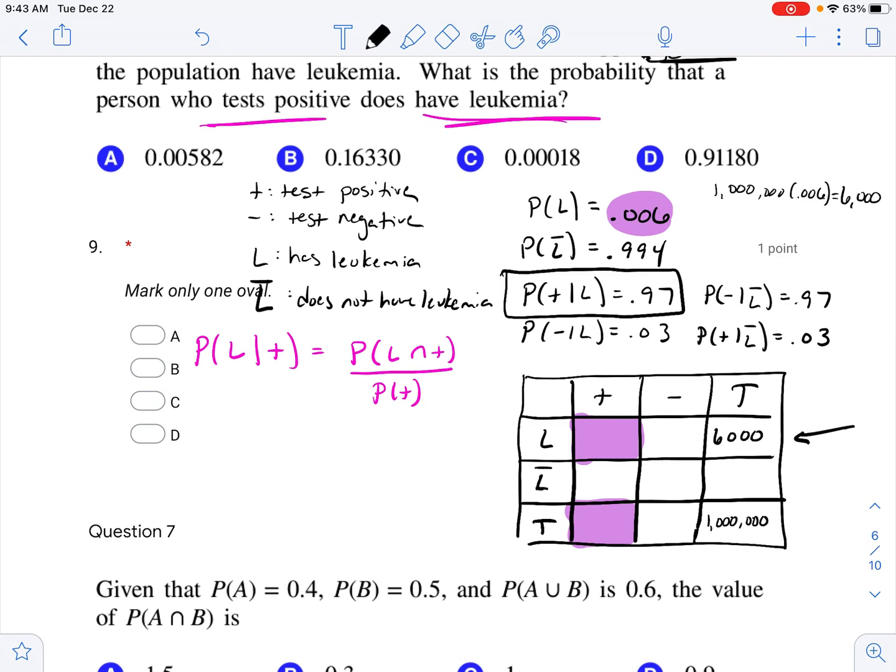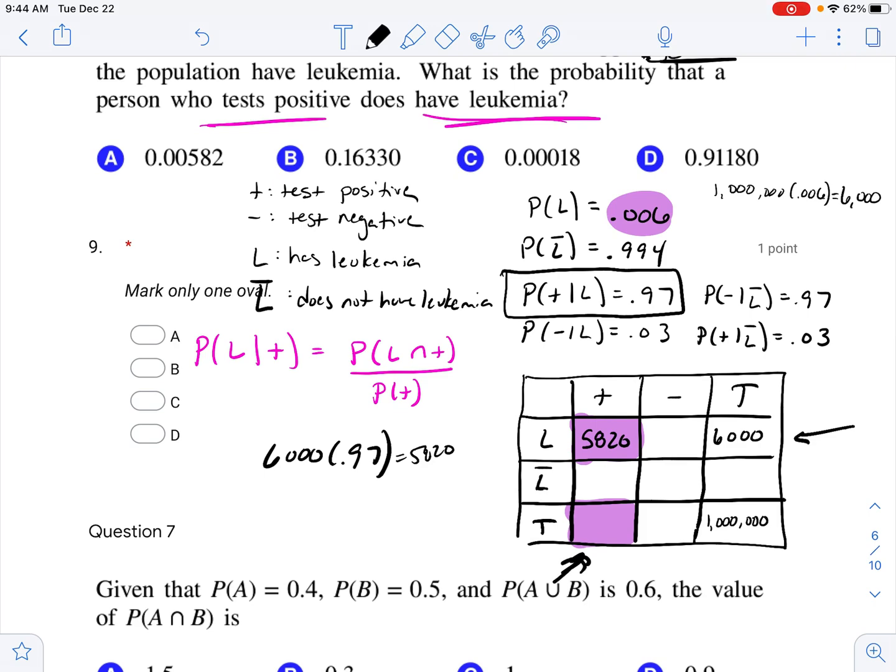Well, of the people with leukemia, there's our 6,000 people who have leukemia, 97% of them are going to test positive. And if you punch that in, you're going to get 5,820. And there's the number we want in the numerator. So in a population of 1,000,000 under these given statistics, 5,820 of them would both have leukemia and test positive for it. Great, so we got that.